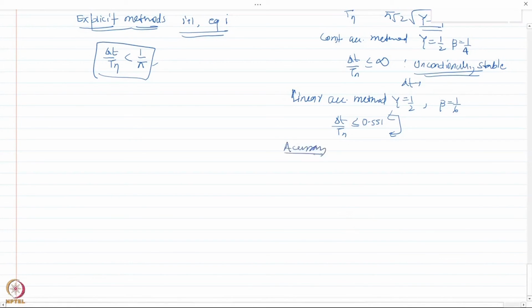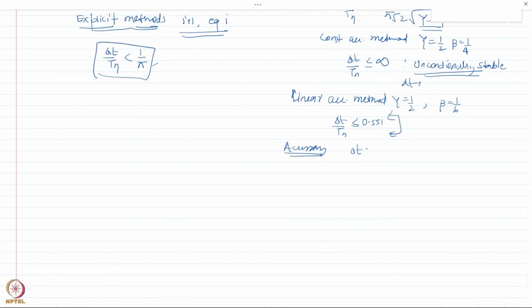While they might still be stable, to be accurate the delta t has to be sufficiently small. Usually whenever we utilize these integrators, we do some sensitivity analysis to find out if the delta t that I'm using for the analysis is small enough that it is stable and it is converging towards an accurate solution.